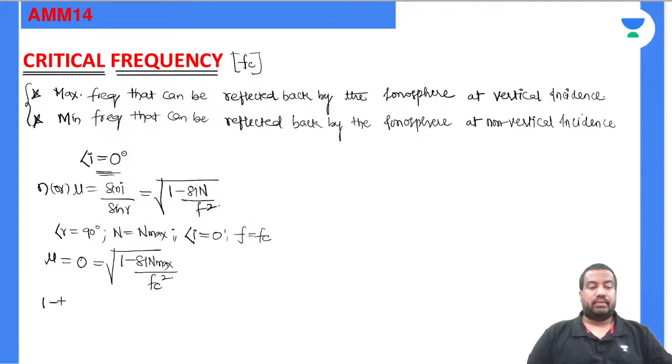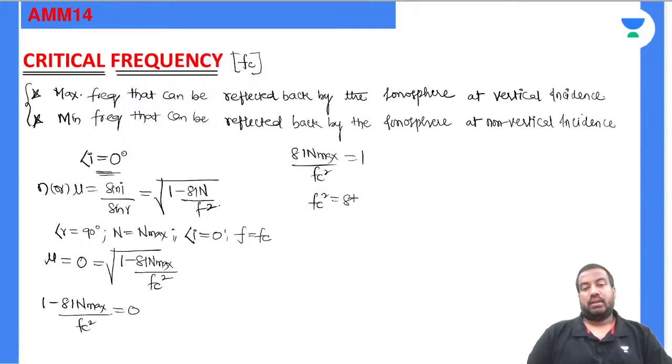This implies 1 minus 81 n max by Fc square is 0, which implies 81 n max by Fc square is equal to 1. Fc square is 81 n max. Fc is 9 root n max.